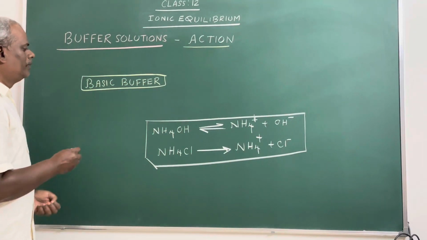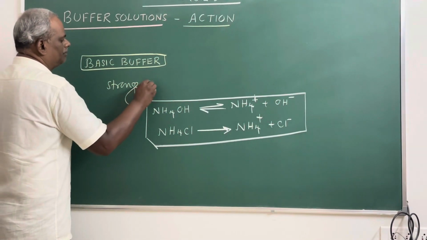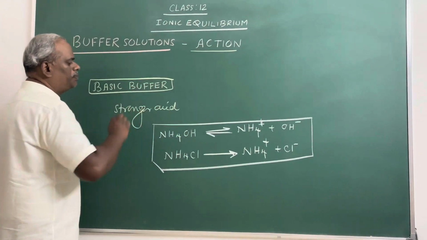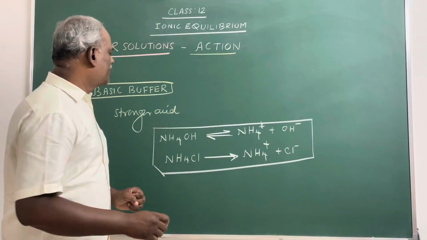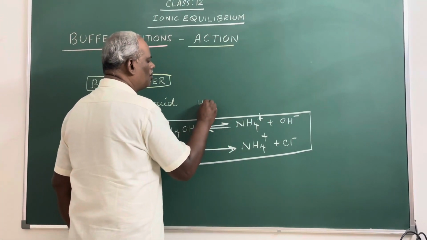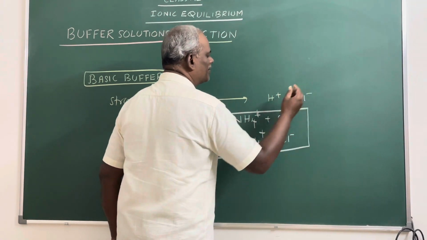Okay, the basic buffer is containing these substances originally. When you add a stronger acid into this, how does its pH remain unchanged? On the addition of a stronger acid like hydrochloric acid, that will furnish H plus and Cl minus.